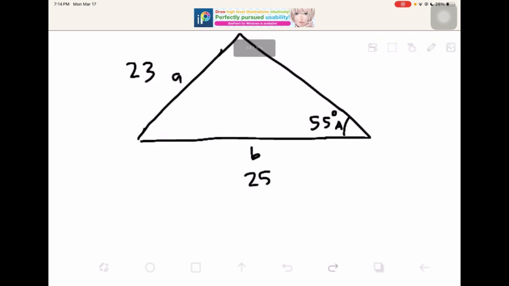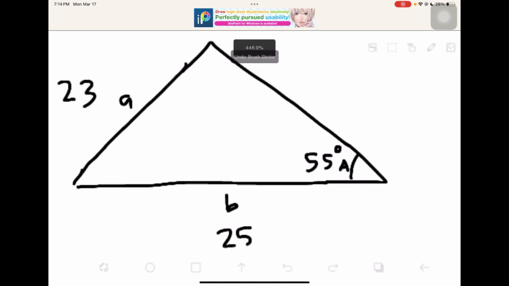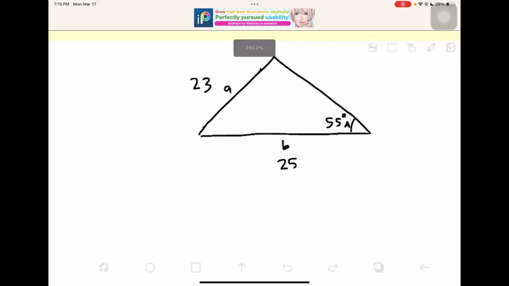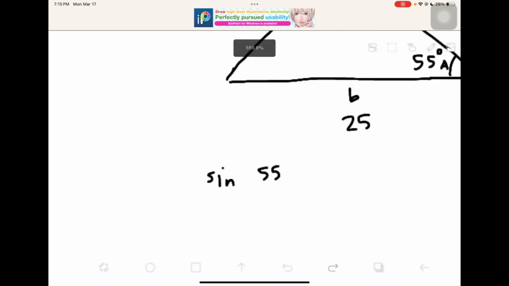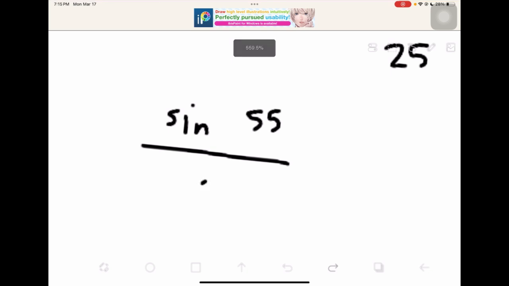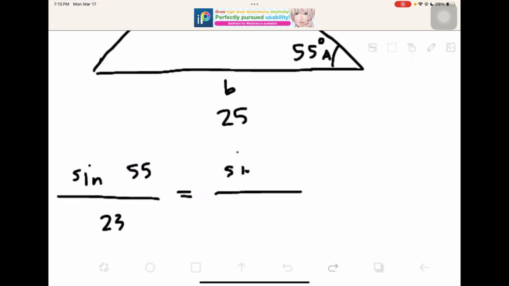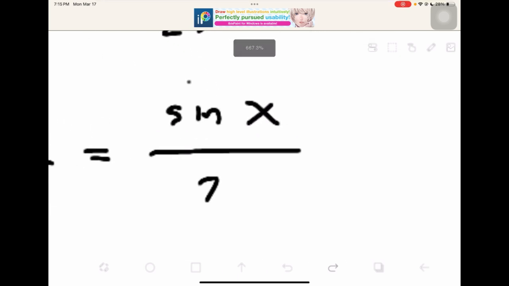Let's find out what this one is. So, let's do sine 55 over 23 is equal to sine, we don't know, and 25.